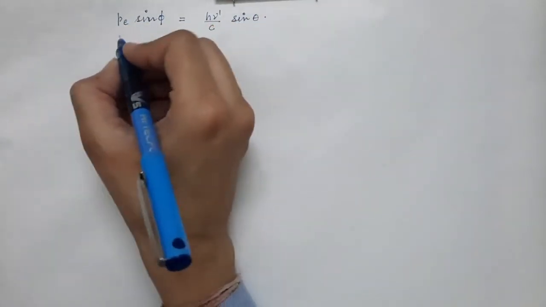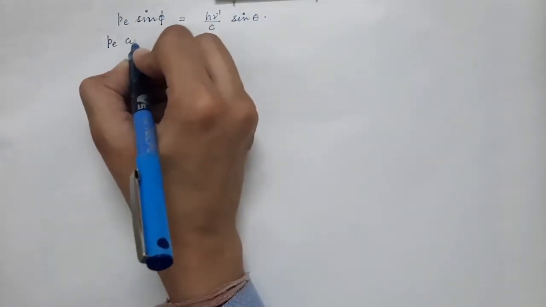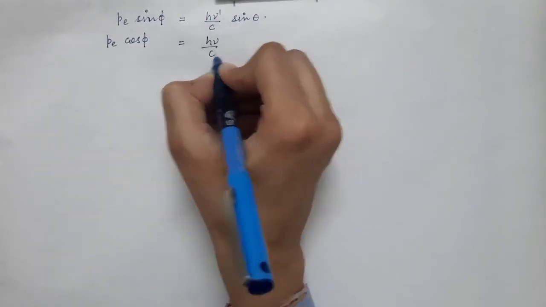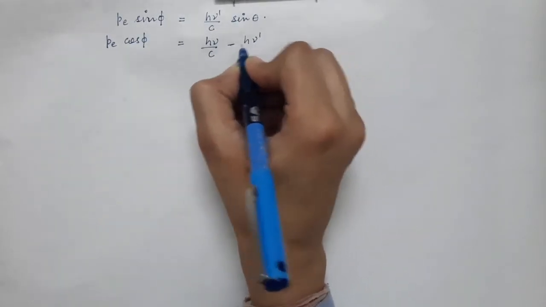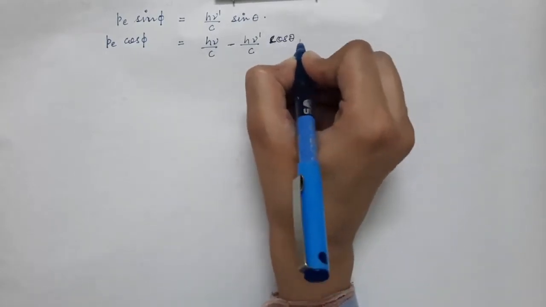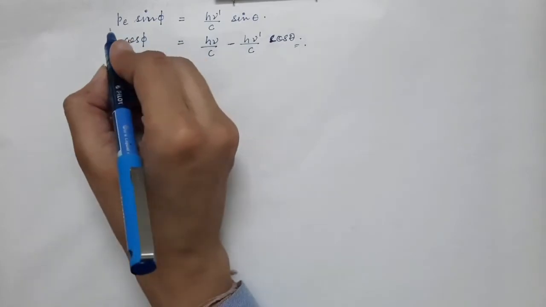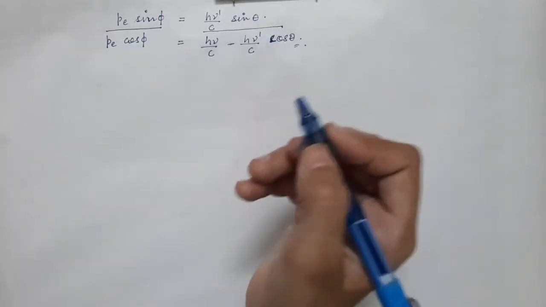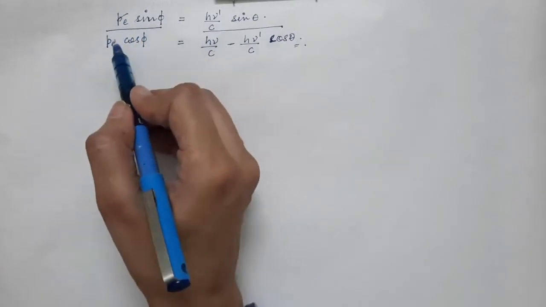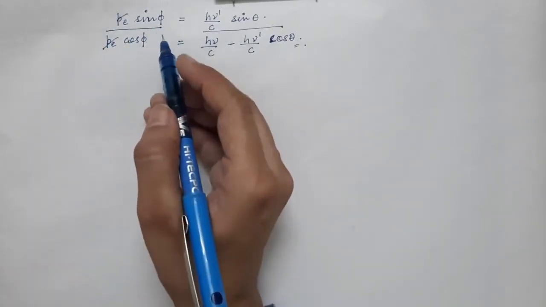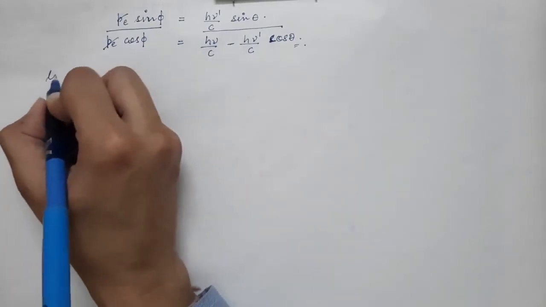And first equation was Pe cos phi is equal to h nu by c minus h nu prime by c cos of theta. So now we are going to divide this second equation by the first equation. So over here this Pe and this Pe will cancel, and sin phi divided by cos phi will be equal to tan phi.